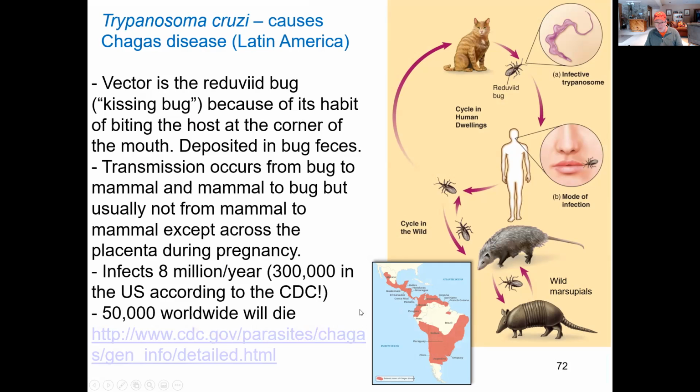So it's not always necessarily in Latin America. This map doesn't include the US, but according to the CDC, there are some cases in the US. Mostly probably from people who have been there and then travel home, because the reduviid bug doesn't typically live in the US. So it's travelers that are bringing it back, and that's where it's being diagnosed once they get back to the US. Notice 50,000 people die of it, so it's significant.